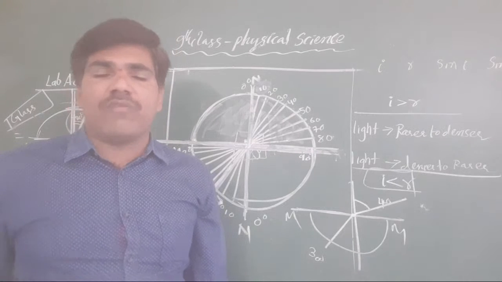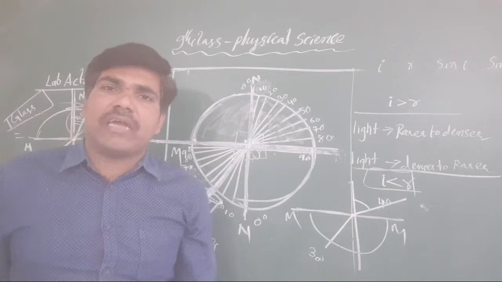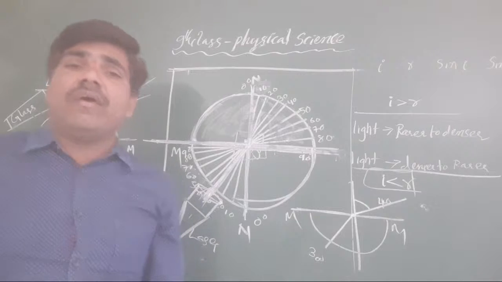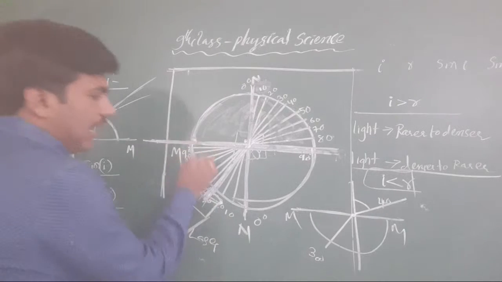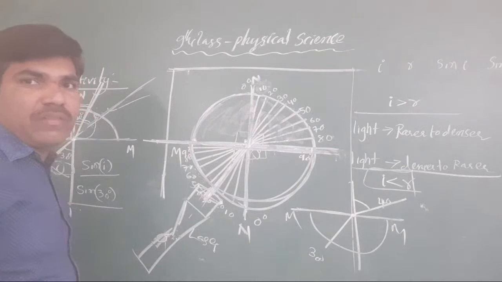The ratio of sin of the incident angle to sin of the refracted angle will be equal to what? The refractive index. Suppose you take the glass as crown glass, for the refraction.